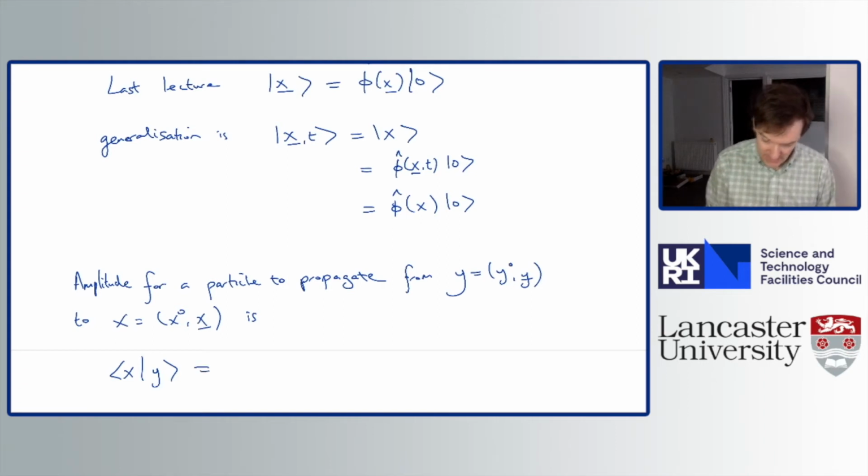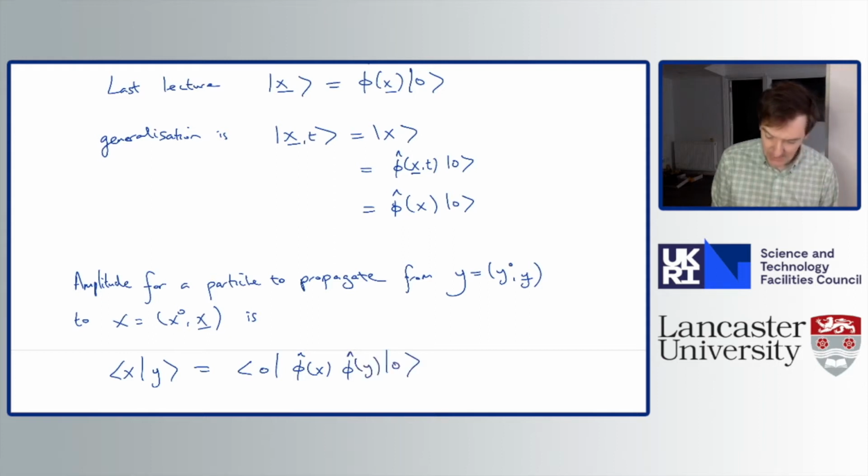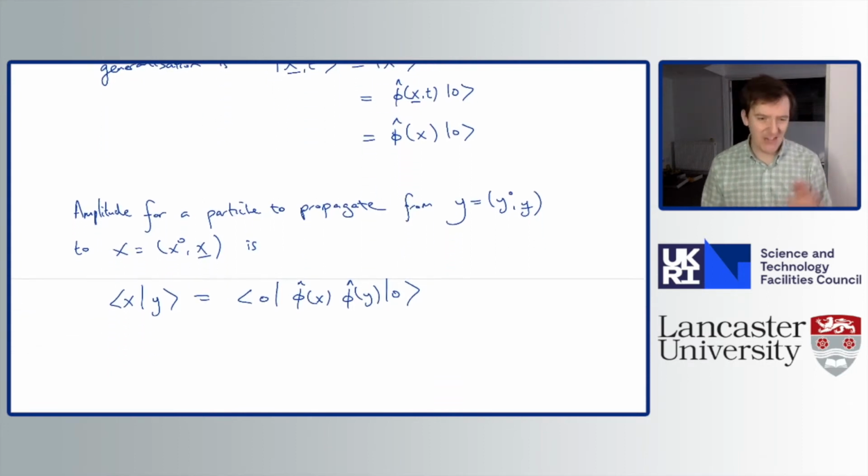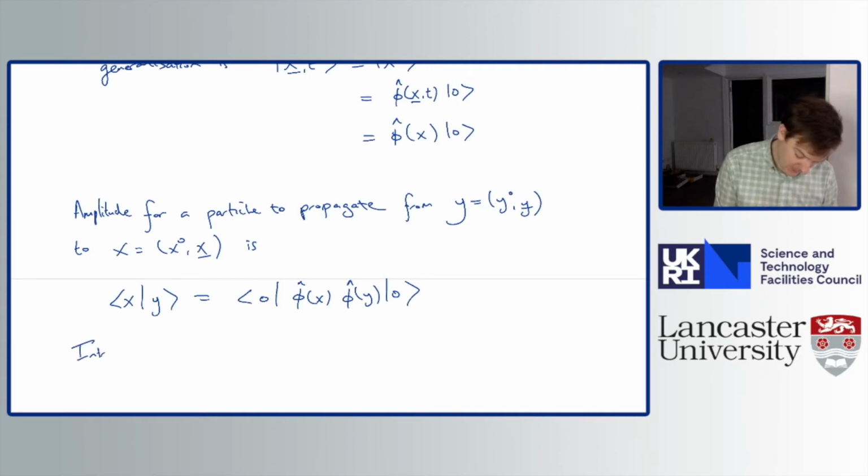Using our definition above, this is simply going to be the bra 0, the field at x, the field at y, ket 0. So this is just the propagator. Let's introduce some notation that you'll often see in field theory books.